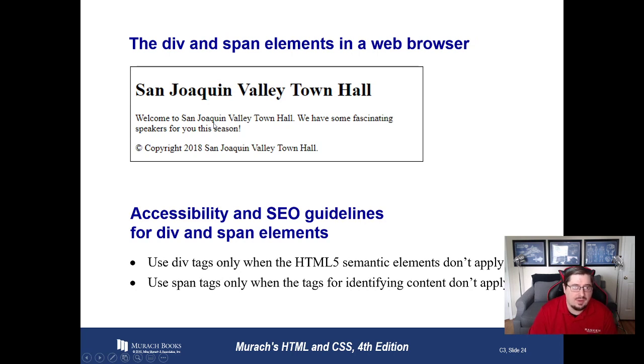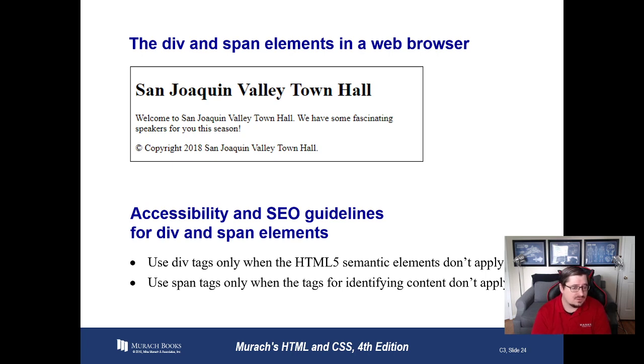If we look at how that looks here, the page hasn't changed. The reason being, remember that the div and the span don't have any CSS applied by default. So if I want to change how those things look, I need to apply some CSS on top of them using either their ID or their class.